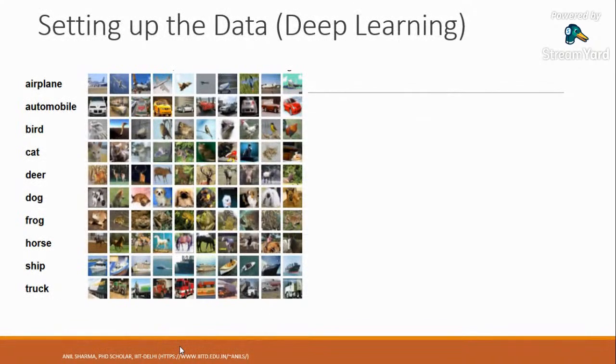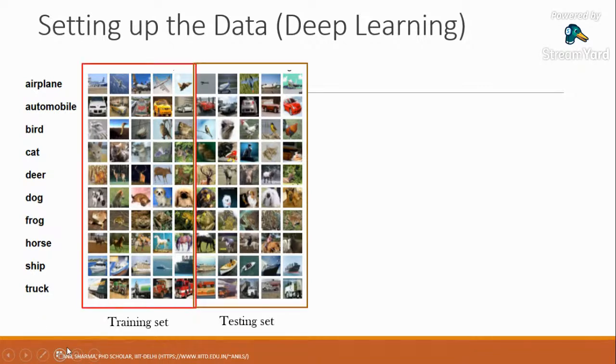Okay, if we give an example for deep learning scenarios, these days we are directly handling the data in raw form, for example images. Let's consider a data set where there are 10 categories like airplane, automobile, bird, cat, deer, and we have images corresponding to each category. We will be creating a testing and a training set out of it.